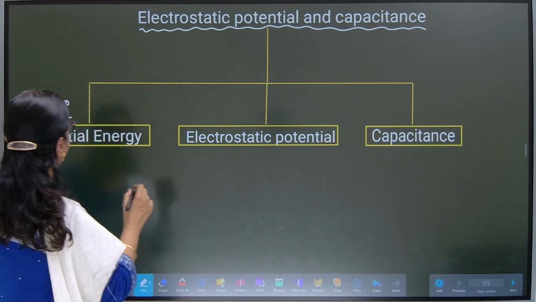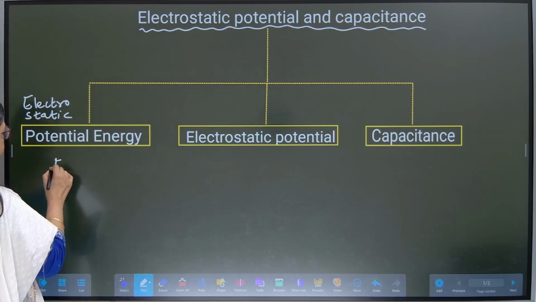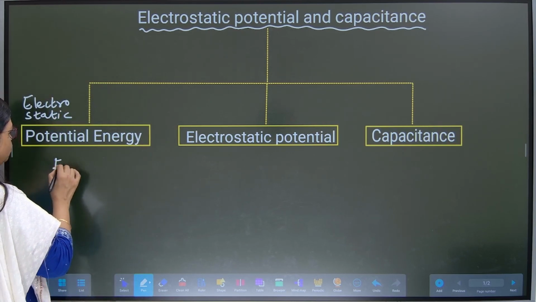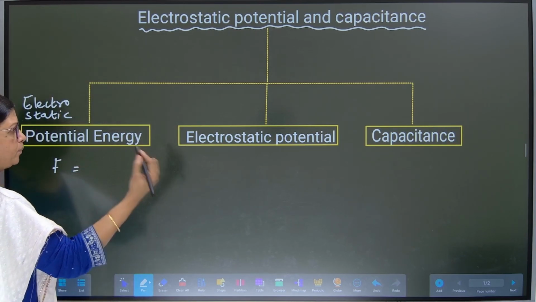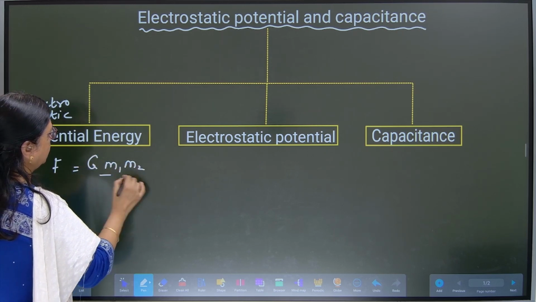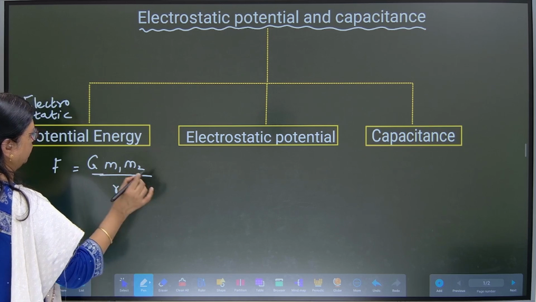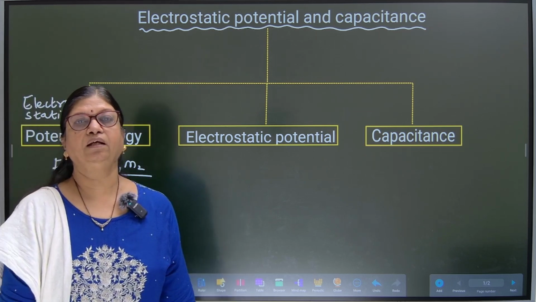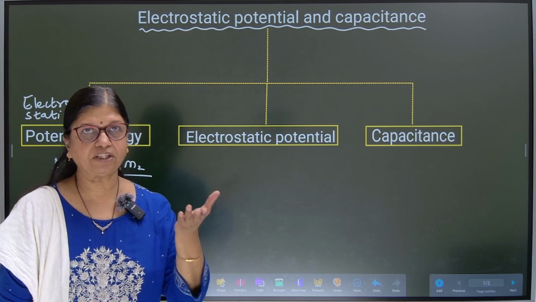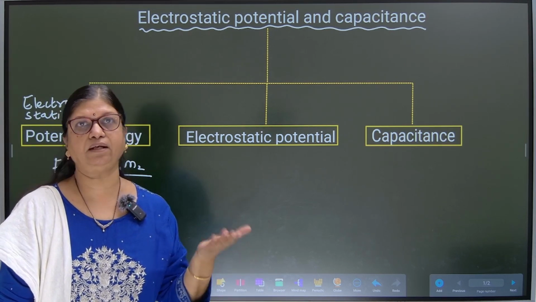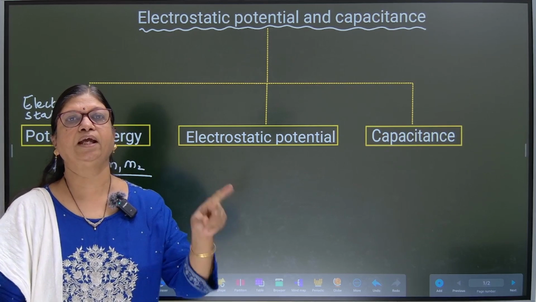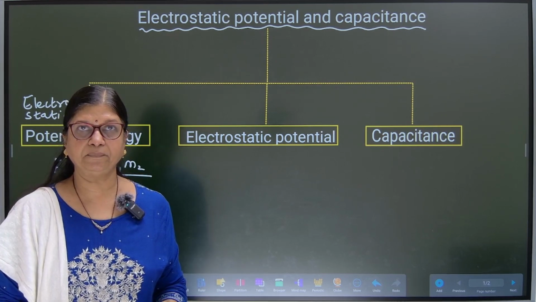Now you have already learned in standard 9 that the force between two particles or bodies with masses m1 and m2 is given by G m1 m2 upon r square, where G is the universal gravitational constant, m1 and m2 are the masses of the bodies under consideration, and r is the distance between them.